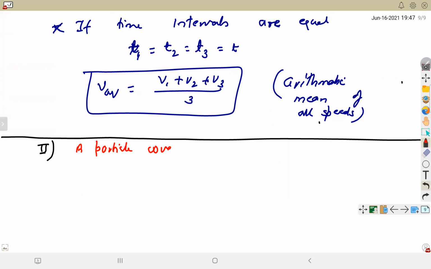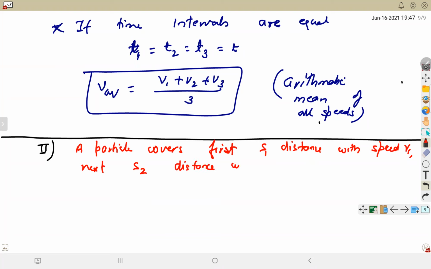A particle covers first s1 distance with the speed v1, next s2 distance with the speed v2. ये आप सभी को आता होगा, वैसे हम 9th में भी कर चुके हैं. And last s3 distance with the speed v3. Find the average speed of this whole journey.